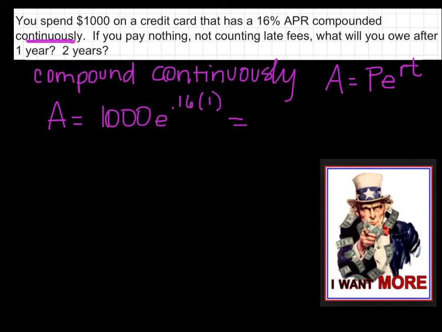Typing this in my calculator, I find out that after 1 year, I will owe $1,173.51. So, for nothing, I have $173 after a year of interest. Now let's look at what would be at 2 years.